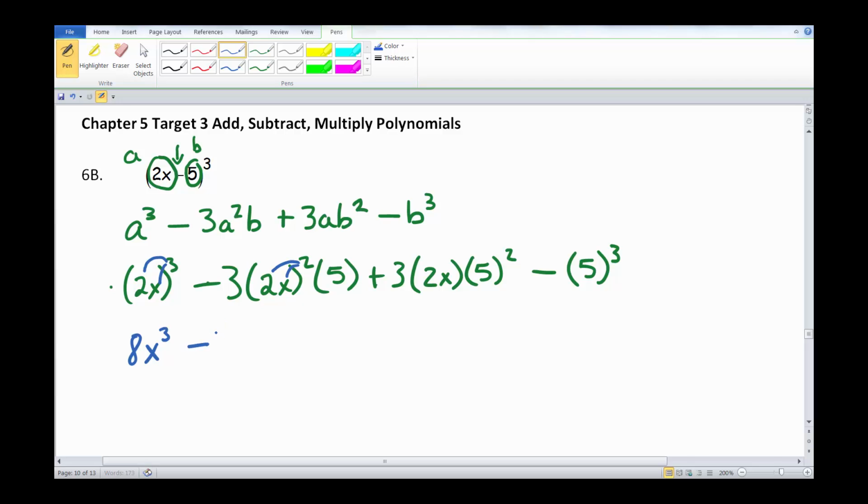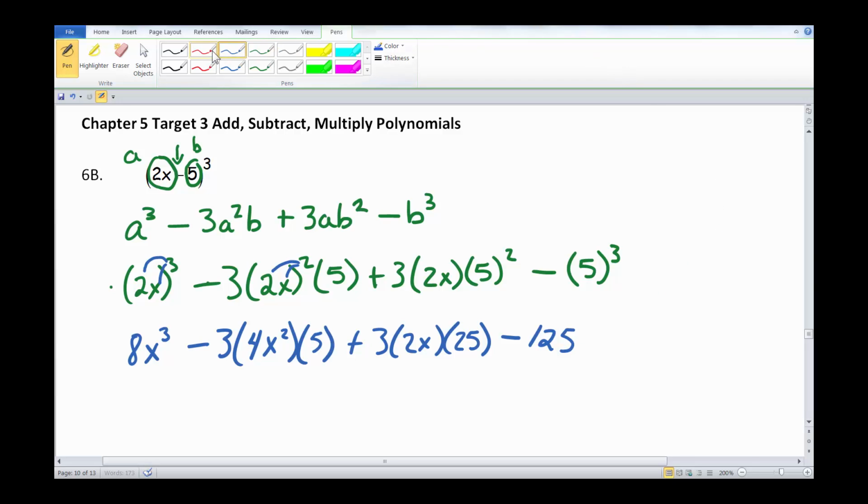So we'll do an extra step here, -3 times 2 squared is 4, our x is again squared as well, times 5. Same thing is going to happen for this second piece. So we have plus 3 times 2x. The 5 is being squared, so that'll be 25. Minus, for the last piece, I think we can take 5 cubed. That's just 125.